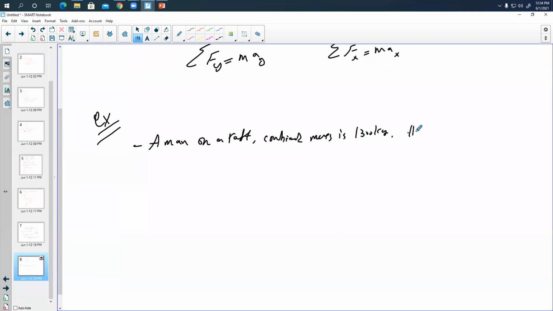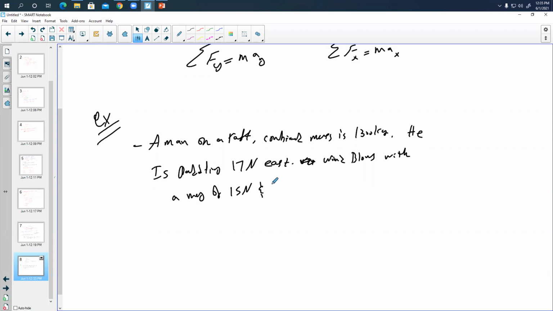He is paddling 17 newtons east. Now the wind blows with a magnitude of 15 newtons at 67 degrees northeast.